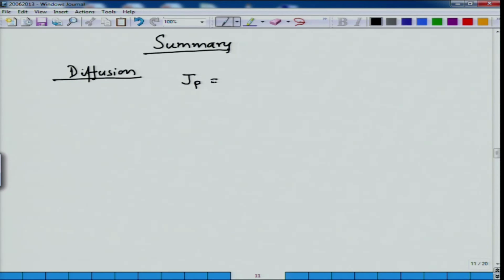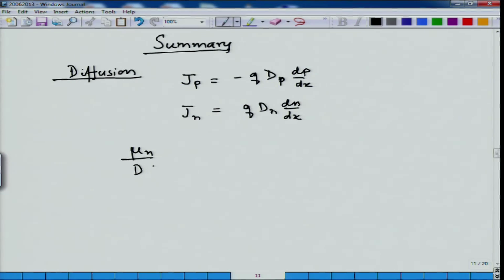The current density for holes is given by the expression q D_p dp/dx. Similarly, we wrote the expression for the electrons, that will be given by q D_n dn/dx.